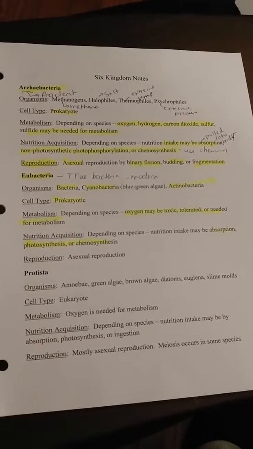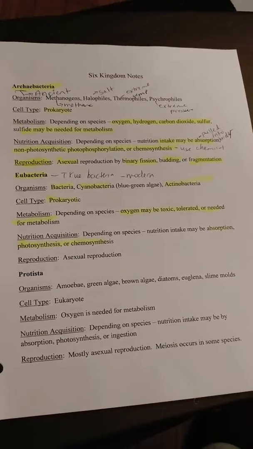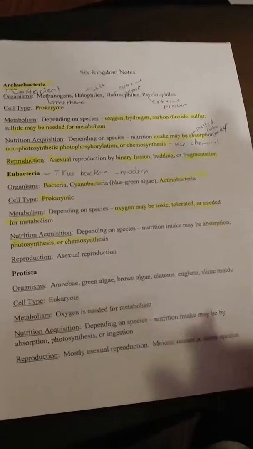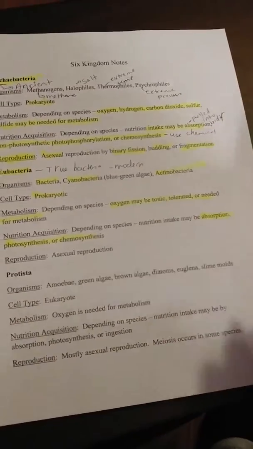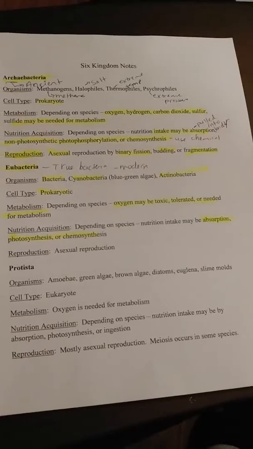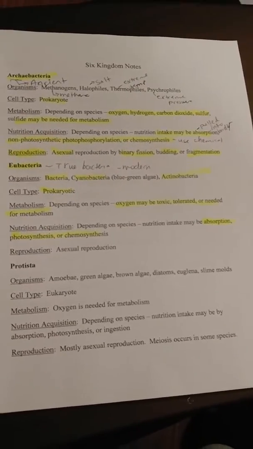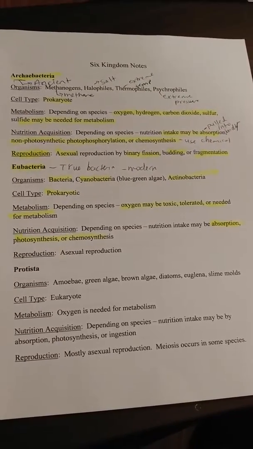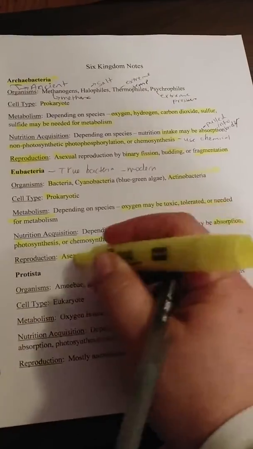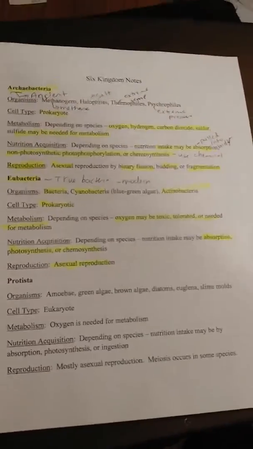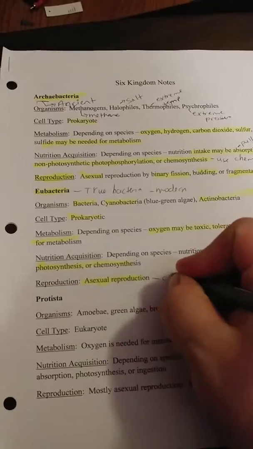So the only extra thing that it has other than archaeobacteria is the photosynthesis part, which also provided a change in the type of bacteria that we have today. Asexual reproduction is the only option. In this case, we're going to just make a copy of ourselves. Usually it's by cloning.